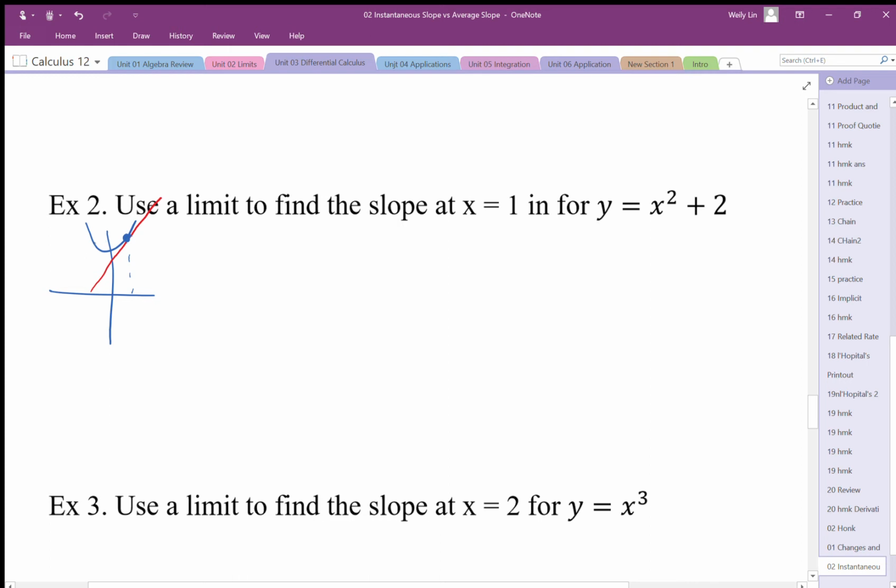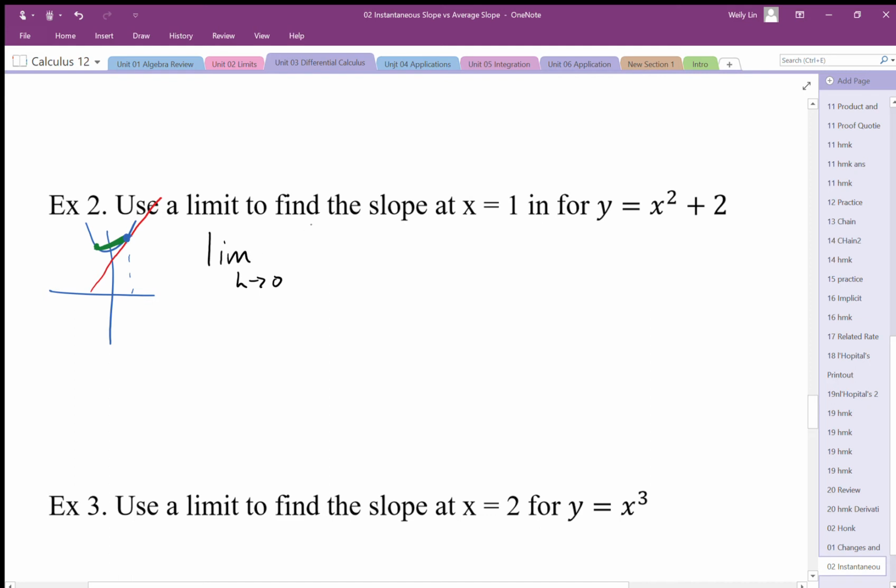I'll draw my secant line on this side, and let that green point get closer and closer to the blue point, which then limits it as our point. Setting up my limit, I'm going to find the limit as h goes to 0, as those 2 points get closer together.